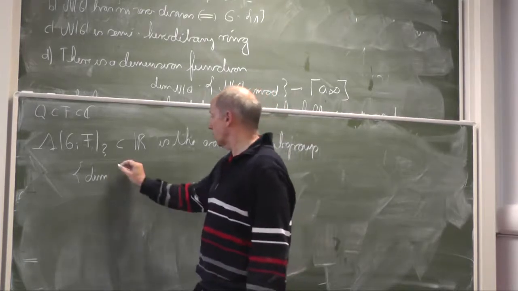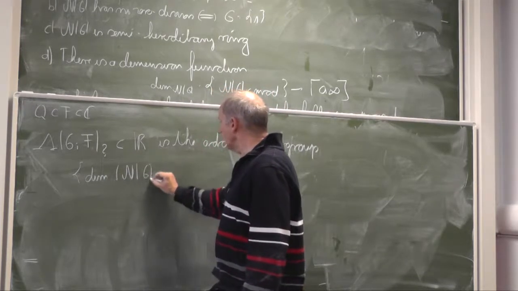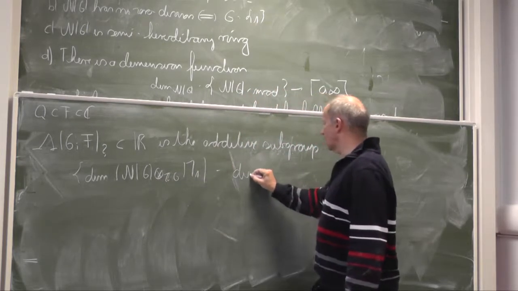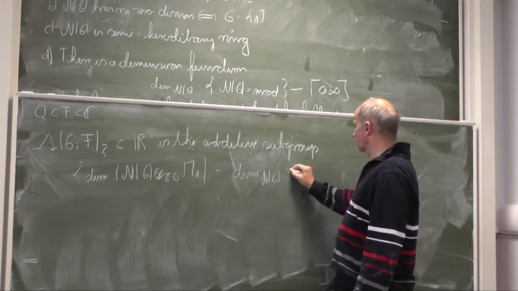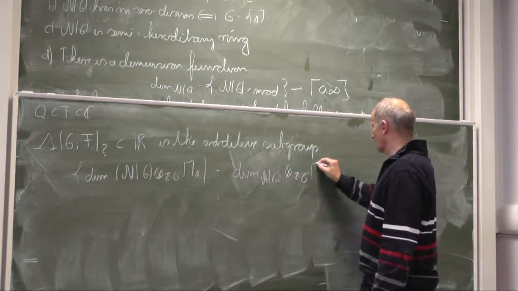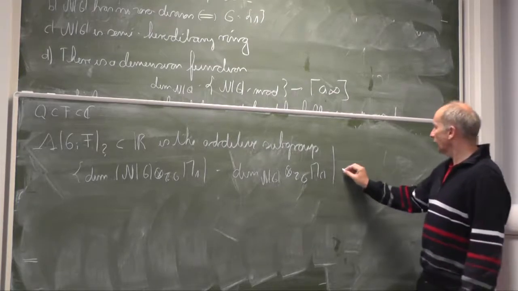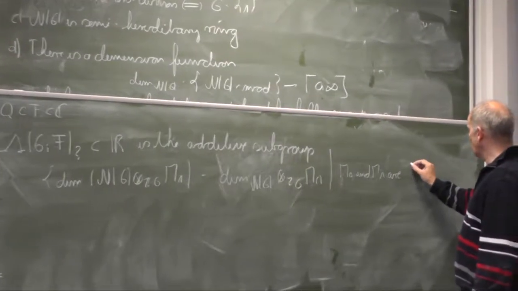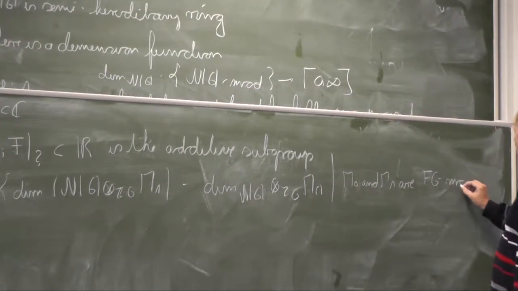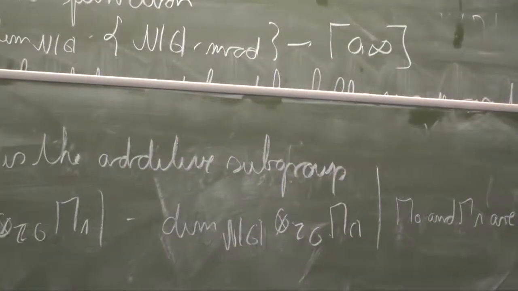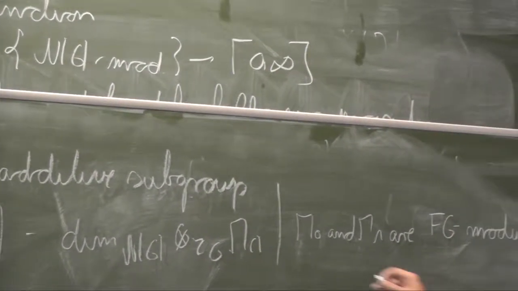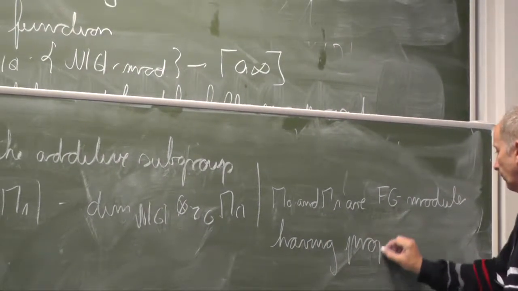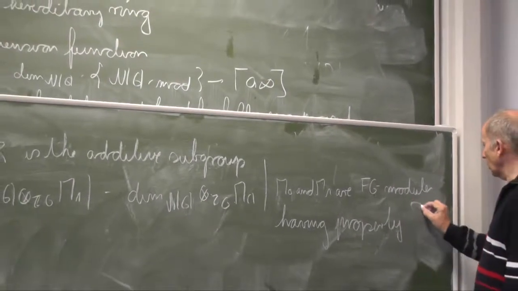I will now omit the N of G all the time. Where I induce up a module to the von Neumann algebra and take a difference of these two things. And M0 and M1 are modules over the group ring. So the F enters here, it could be Q or C, having property question mark. You have to tell you what I will look at.